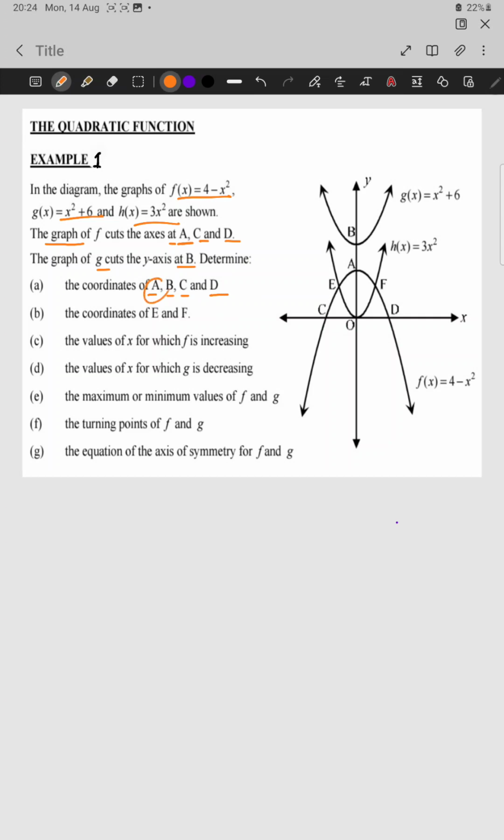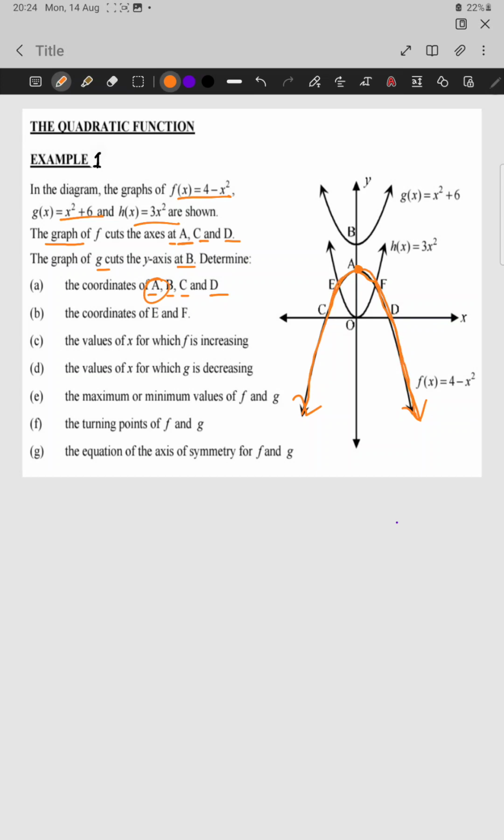Okay, now let's start by looking at the value of a. How are we going to get the value of a? Now if you come here in this graph, this is a, it is the y-intercept of this graph here.